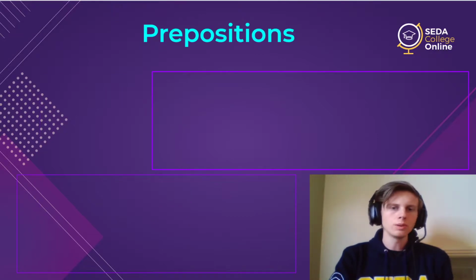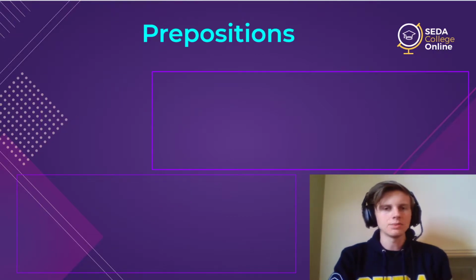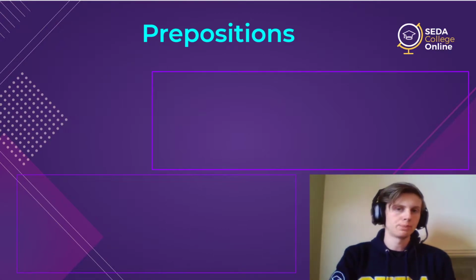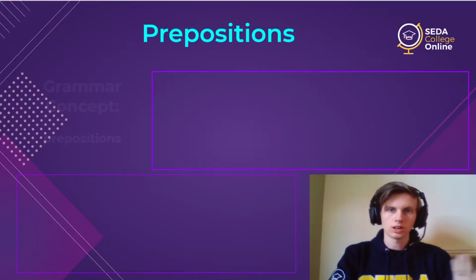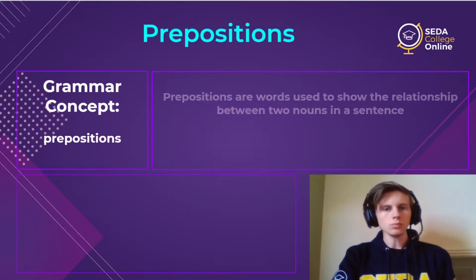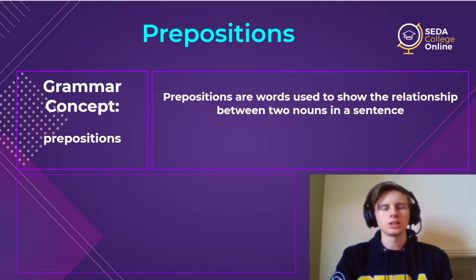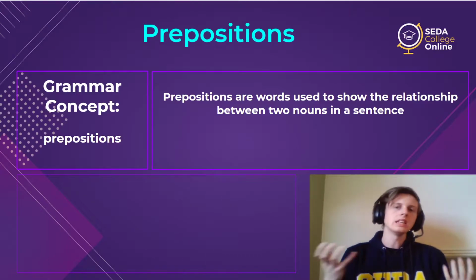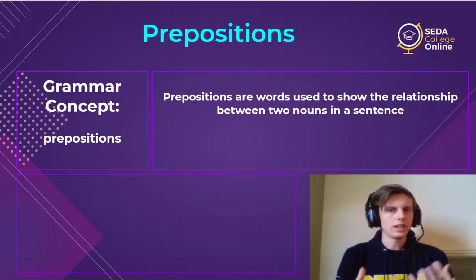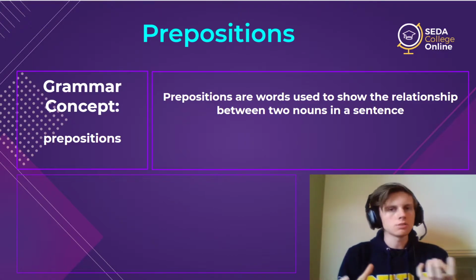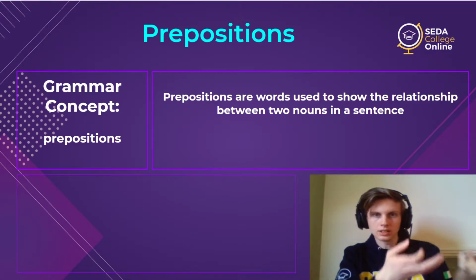All right. Well, before we begin, though, there's an idea we need to talk about and clear up, and those are prepositions. So some of these conjunctions are also prepositions. So first we need to check what is a preposition. Well, prepositions are just words used to show the relationship between two nouns. So in any sentence, you often have two things you want to talk about, and you want to talk about how those two things are connected.